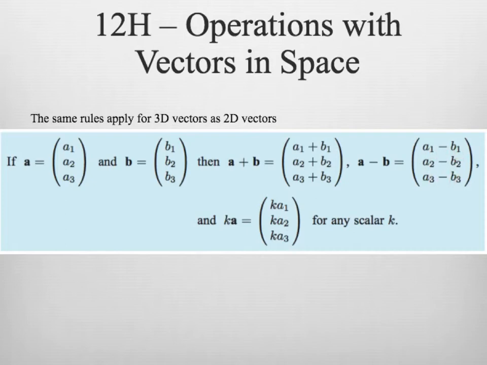We can simply take the difference of those coordinates. Also, for any vector, we can change its length by multiplying by a scalar value k, where k is a real number. When you do that, you simply multiply k to each component.